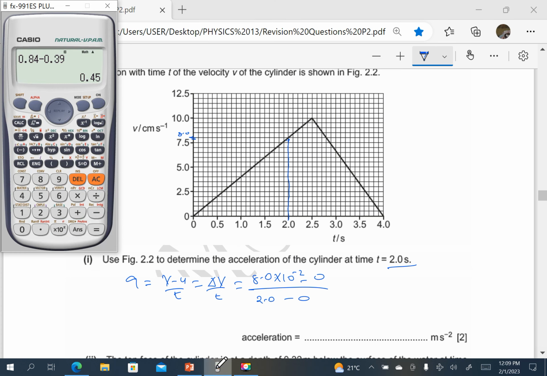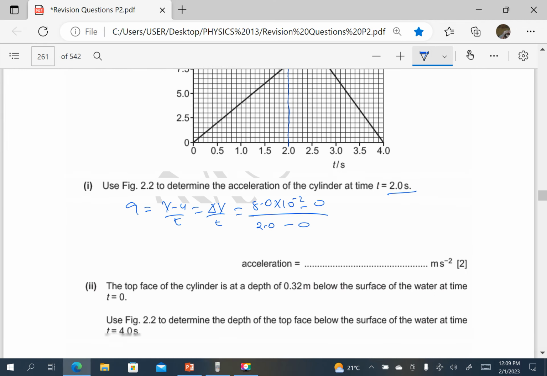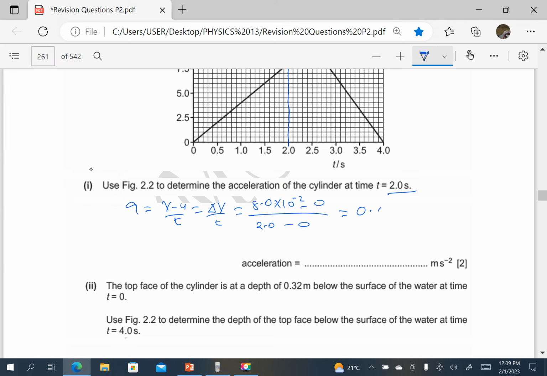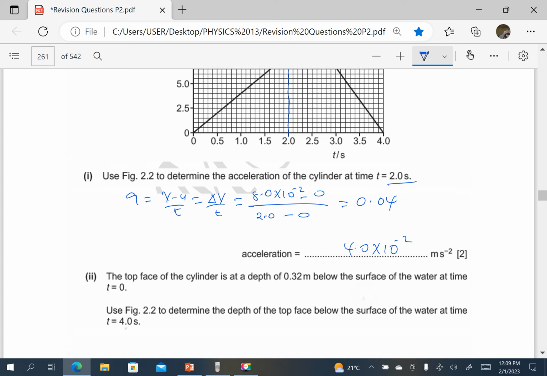I could also have used 10 minus 0 over 2.5 minus 0 because it is a straight line. The acceleration is the same, the gradient is the same everywhere. So this gives us 8 times 10 exponent negative 2 divided by 2, which gives us 0.04, or 4.0 times 10 power negative 2.